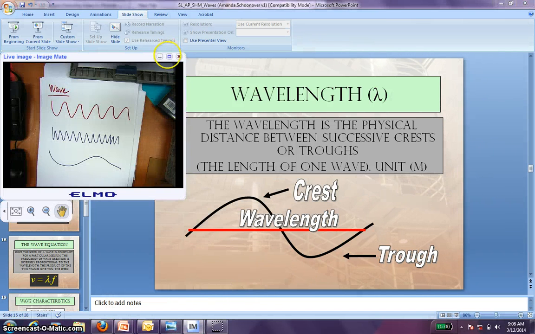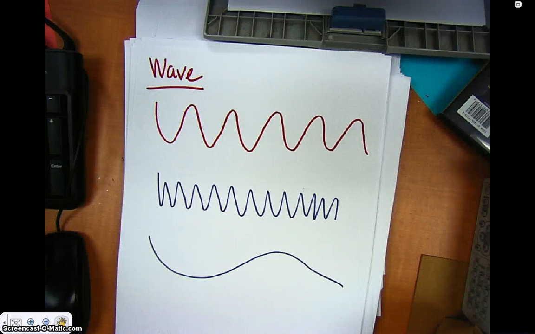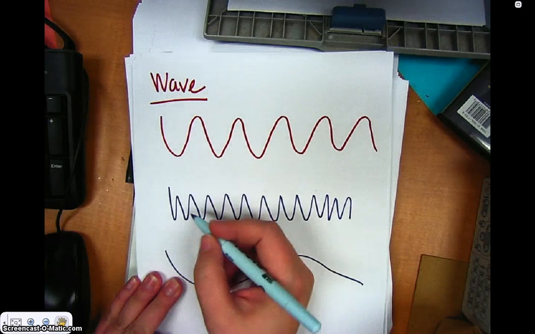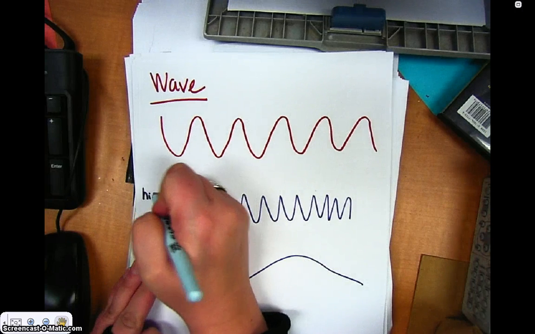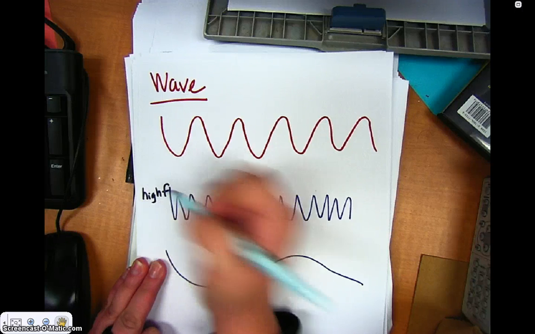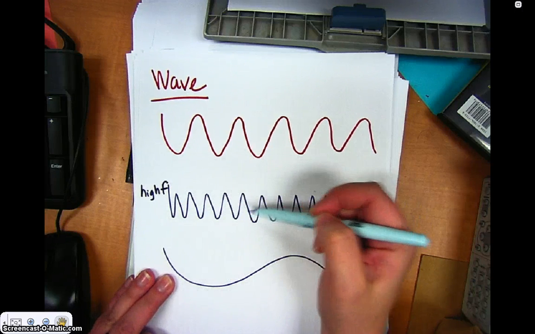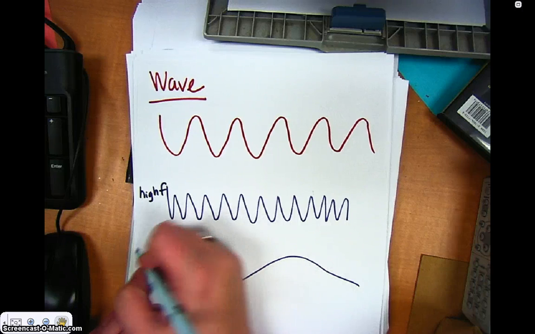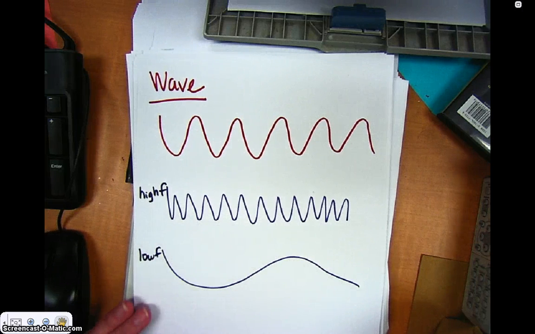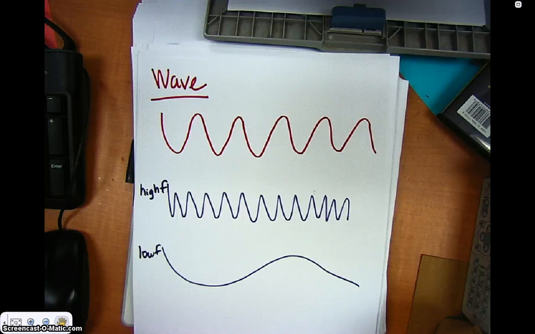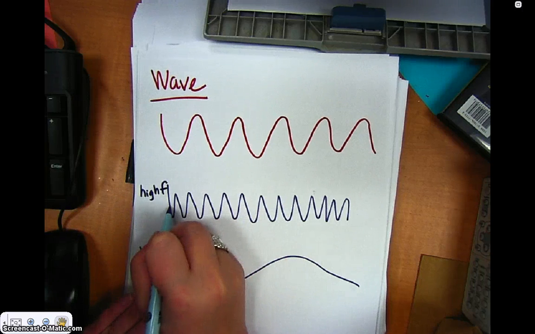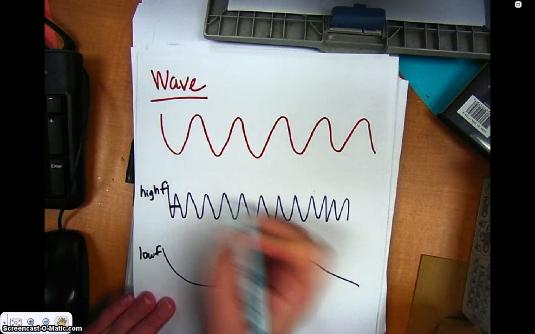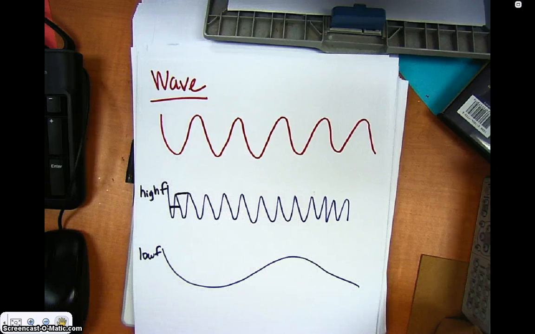All right, so we can see here that you have these three different waves, right? And we said originally that this one has a high frequency, right? Because there's a lot of waves. Whereas this has a low frequency, right? Now, if we draw in our wavelength, we can see a wavelength here for this, or we could draw it crest to crest, however you want to draw it.